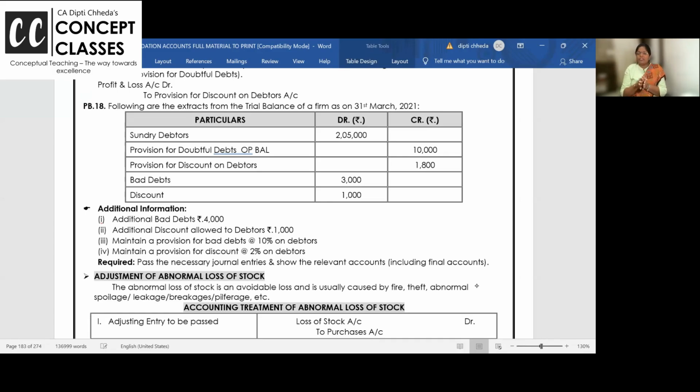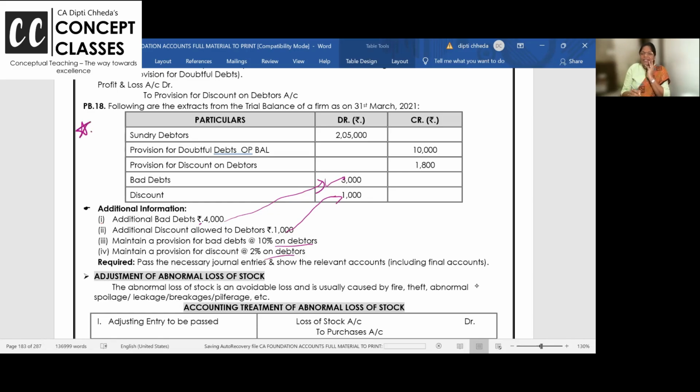If you have a provision, can you adjust bad debts against that? Answer is yes. Already in the trial balance, 3,000 is the bad debt, or 4,000 bad debt is given, and additional discount is given, and you also have to make a 10% provision. Pass the journal entries and show how relevant items will appear in the balance sheet.